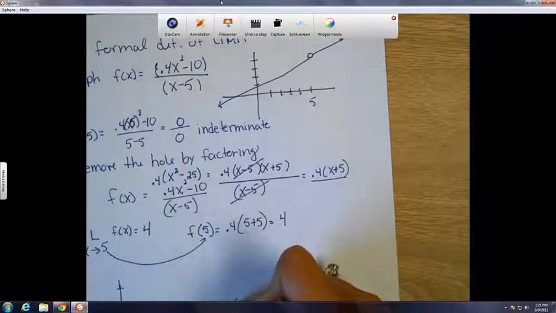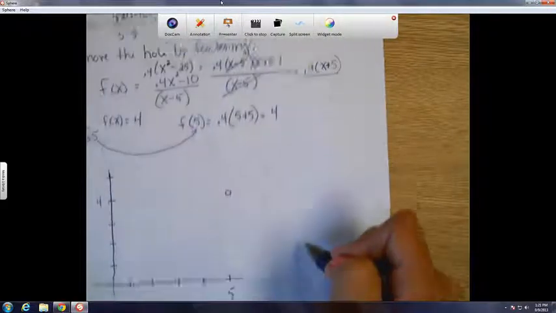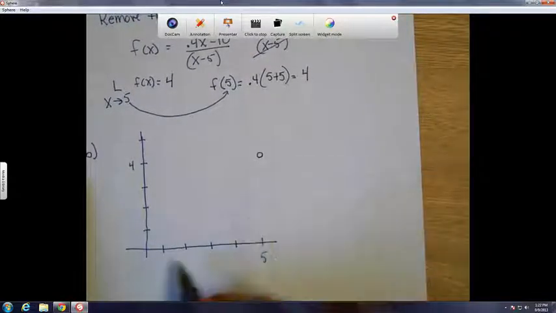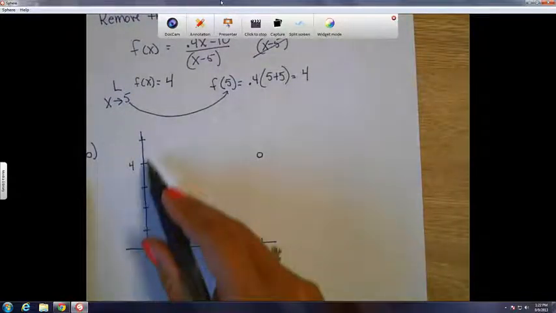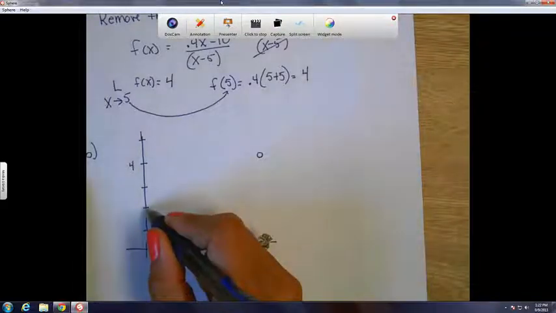Put that hole at 5, 4. Oops, sorry about that again. I gotta pay attention. I made my axes a little bit bigger than I did up there because I want to add to this graph a little bit. It is crossing at 0, 2, just so I can make a nice line.